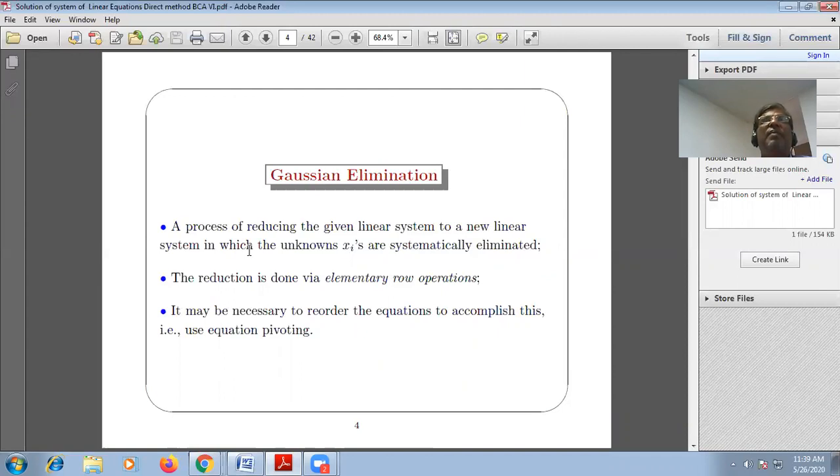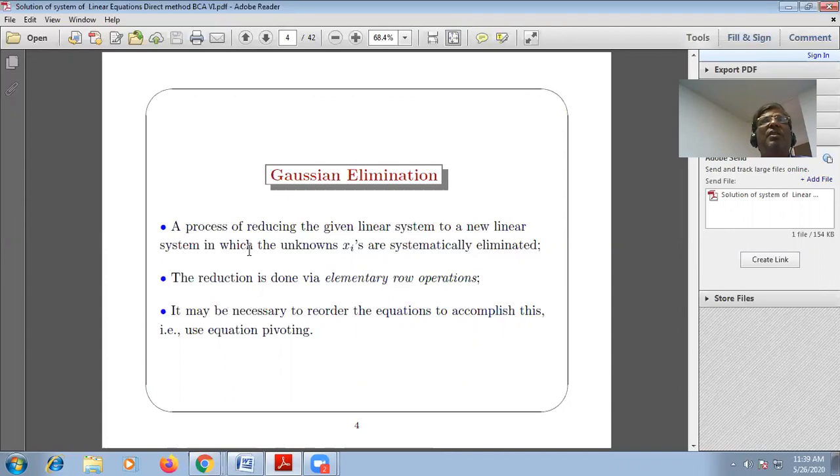And if n variables, you will have n different linear simultaneous equations.